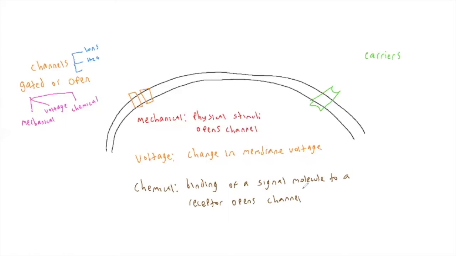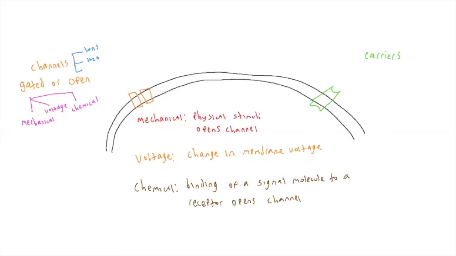An example of this is a very common neurotransmitter in our bodies called acetylcholine, and it can bind to receptors on the surfaces of cells called nicotinic receptors. When acetylcholine binds with a nicotinic receptor, it opens up a sodium channel. So that's an example of a chemically gated channel.